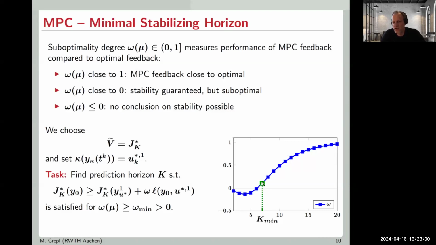Then for K min equals 7 and greater, we see that the MPC feedback law will start to stabilize. This way we can determine the so-called minimal stabilizing horizon along our closed loop MPC trajectory. One issue with that, of course, is that we have to evaluate this alpha.